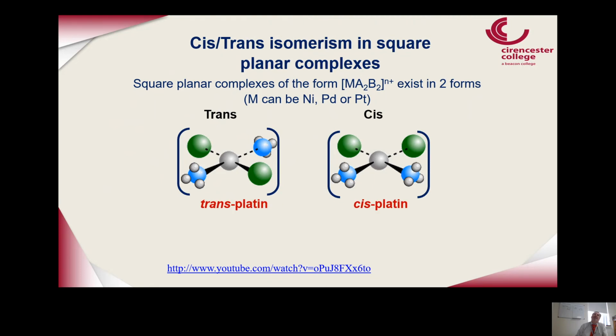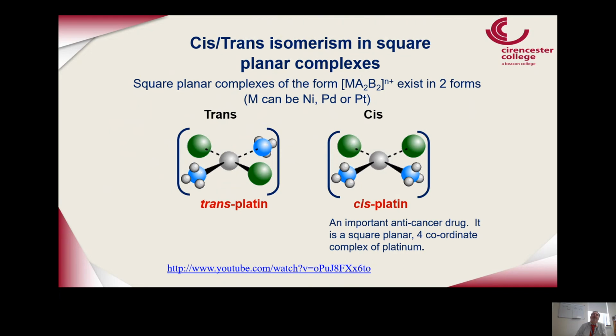Okay, so the metal could be nickel, palladium and platinum will also form this square planar formation. So trans and cis, okay? So it is the cis version that is the anti-cancer drug, okay? So it's got a 4-coordinate complex, yeah?